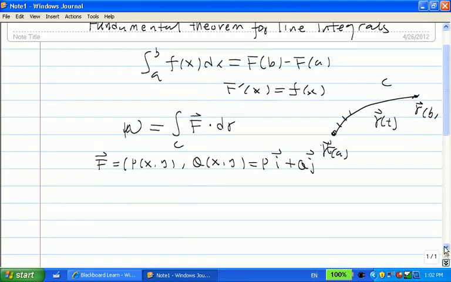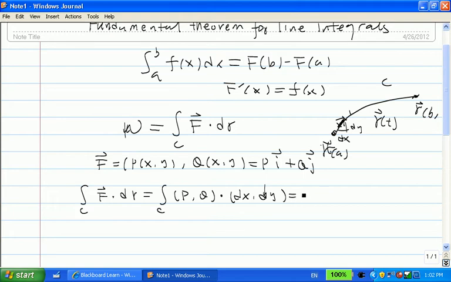And this integral of F dot dr, F here is (P, Q), a dot product. dr is this displacement, which can be written as dx and dy. So you perform the dot product, which gives you a scalar: P dx plus Q dy.